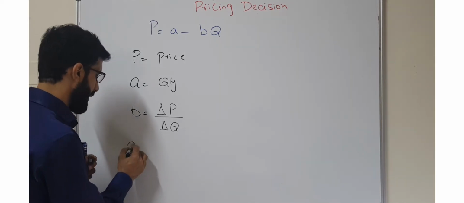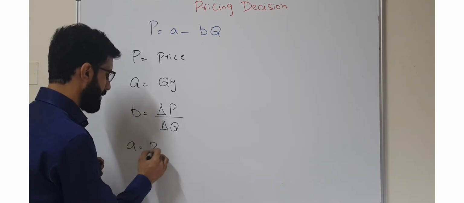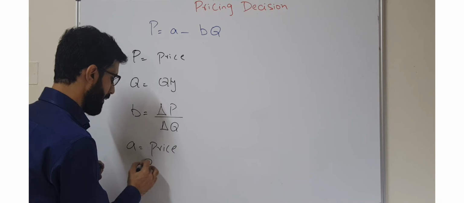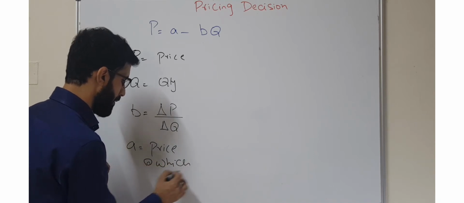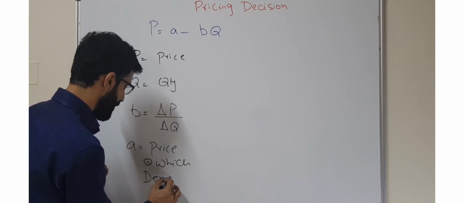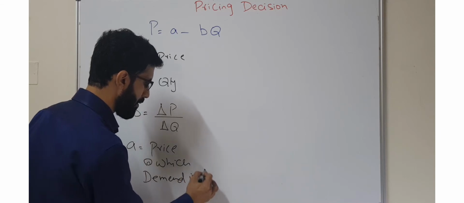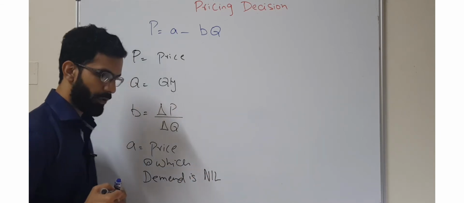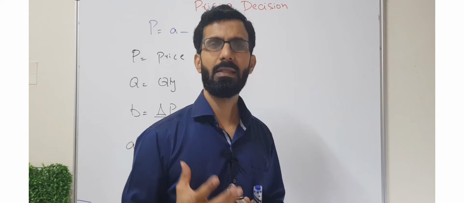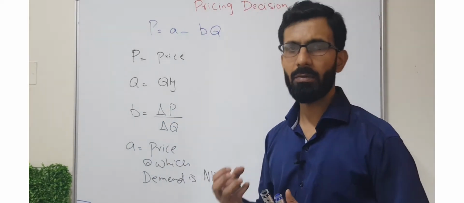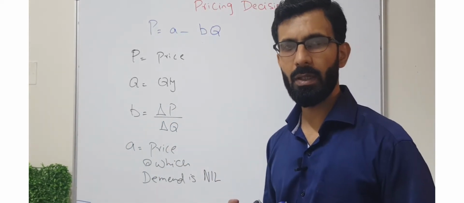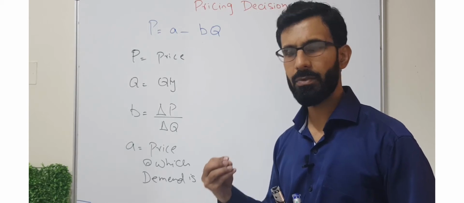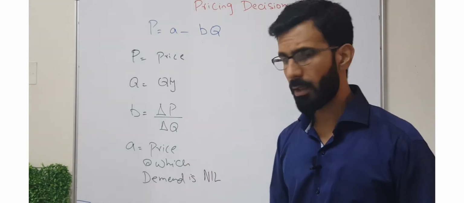And then we have A, as we said earlier, A is the price at which demand is nil. So if we keep on increasing the selling price, demand will keep on decreasing, and there will be a point on the graph where a higher selling price would result in a 0 demand.